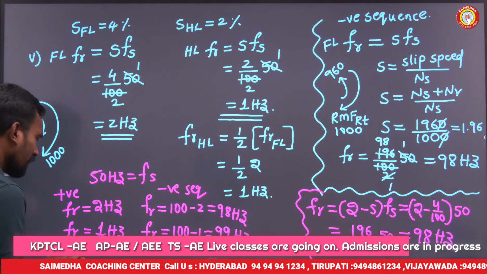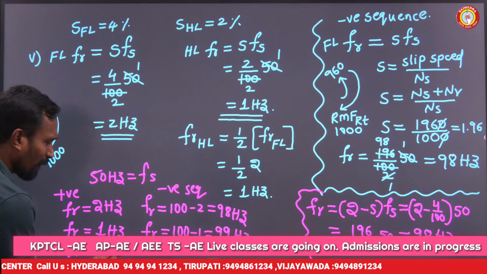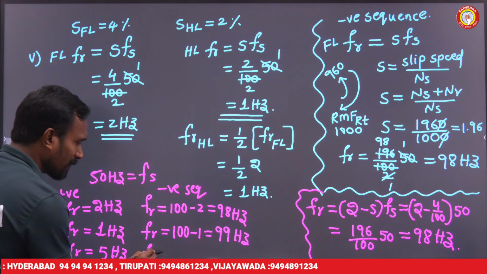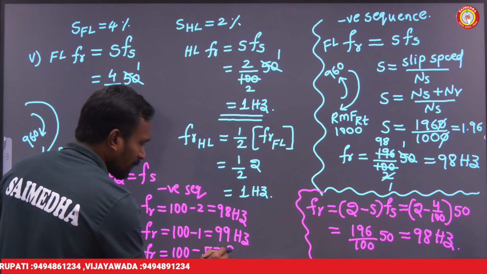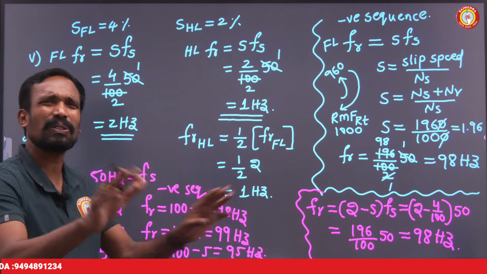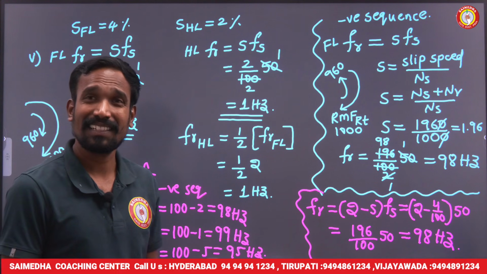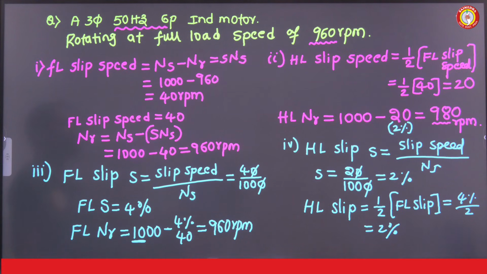If the rotor frequency for positive sequence is 5 Hz, for negative sequence it is 100 minus 5, which is 95 Hz. That's it. No need to calculate all these things. Understand? So like that, questions they will ask us in our examinations on the speed equations.